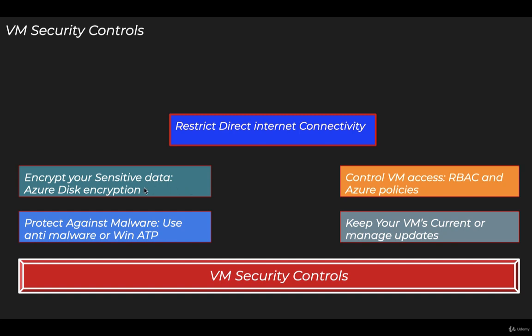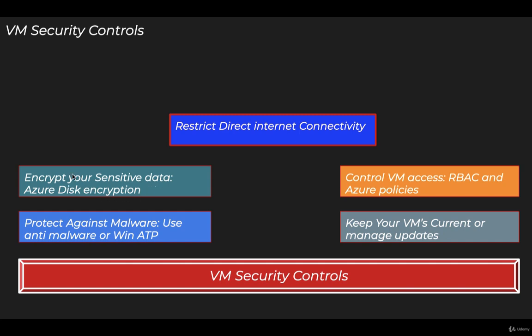In that way, any sensitive data stored on your virtual machine disk will not be visible to any person who does not have or does not require access to that data.